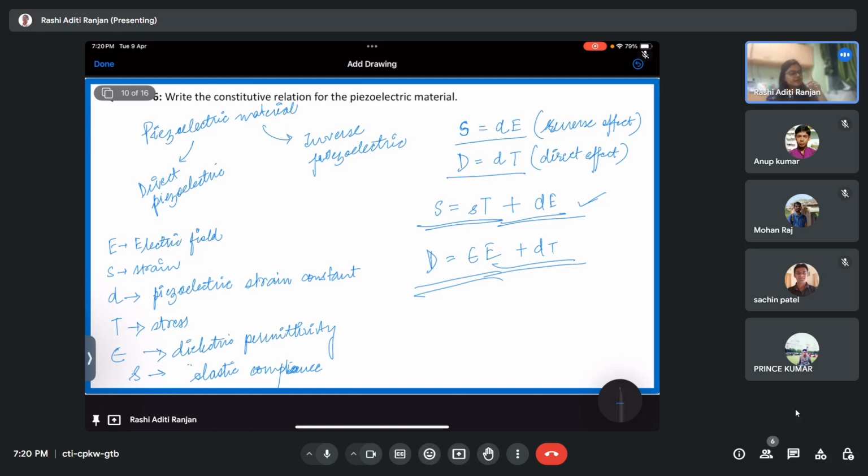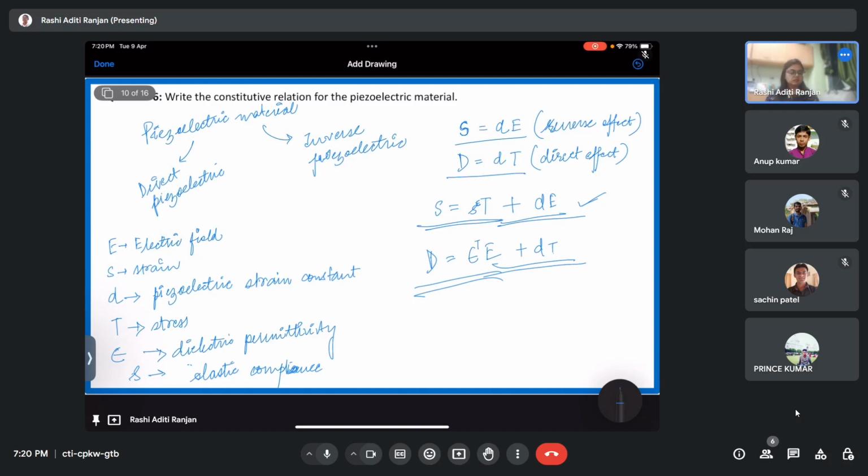Okay, so one thing that you have to remember is that your elastic compliance is always measured at a constant electric field, and this permittivity is always measured at constant stress.